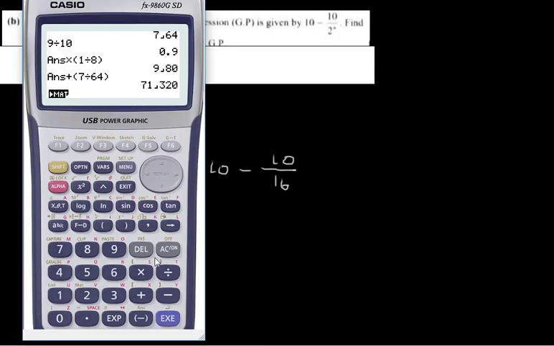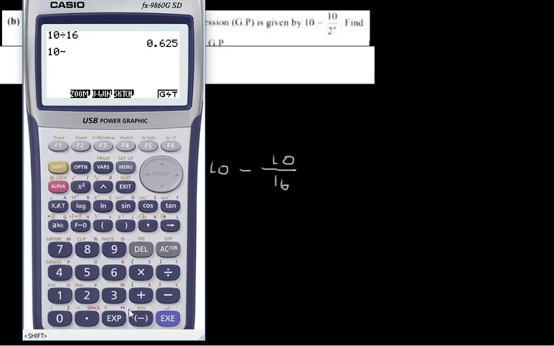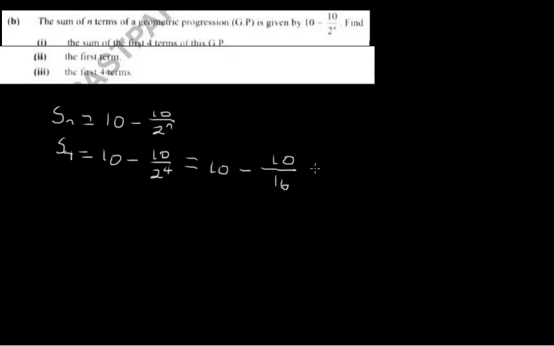We would say 10 divided by 16 gives us, and 10 minus the answer gives us that value, 9.375. So the sum of the first 4 terms is simply 9.375.